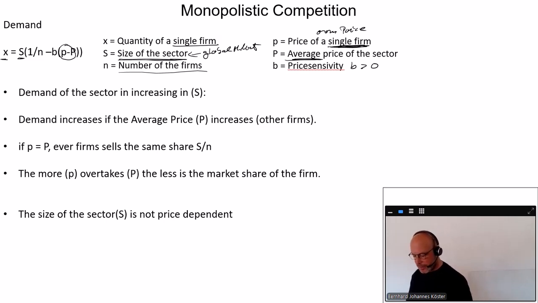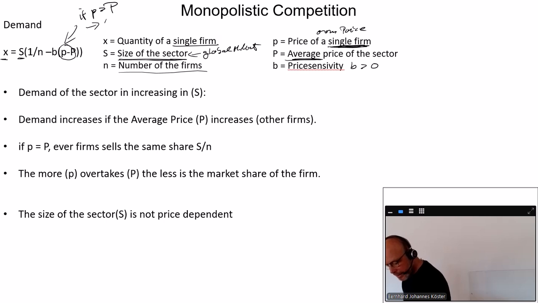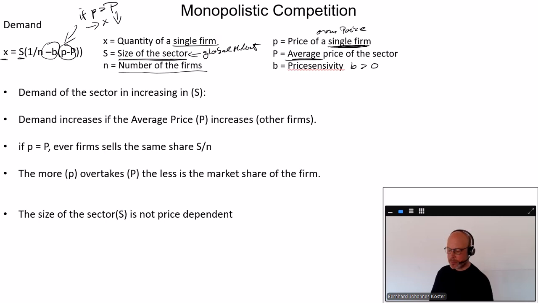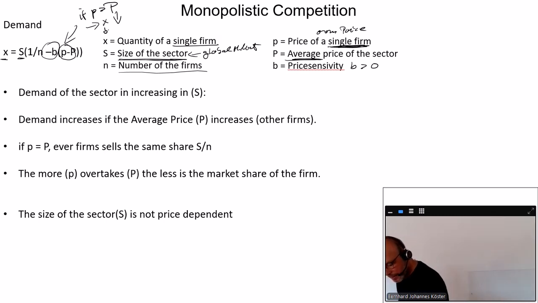So you see, if small p is larger than capital P, then x is decreasing because we are subtracting something. But demand does not collapse.